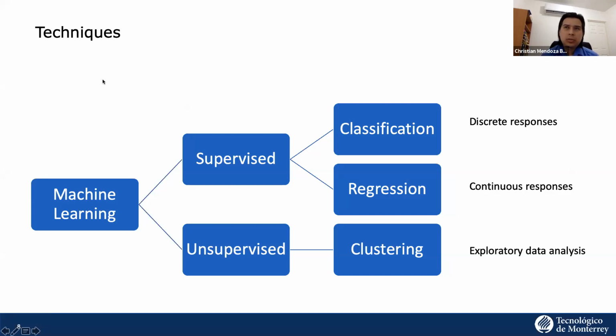And just talking about the overall machine learning techniques and the distribution of those techniques is as follows. If you go to machine learning, you're going to find mostly two broad categories, which are supervised learning and unsupervised learning.